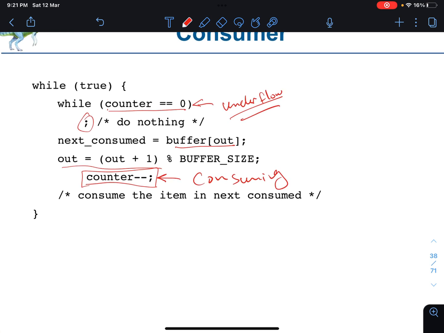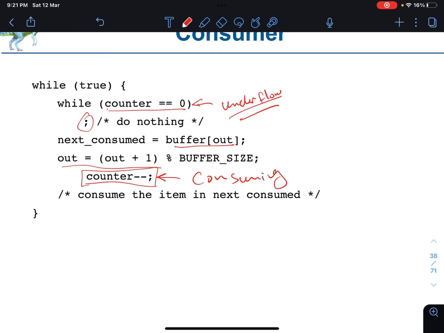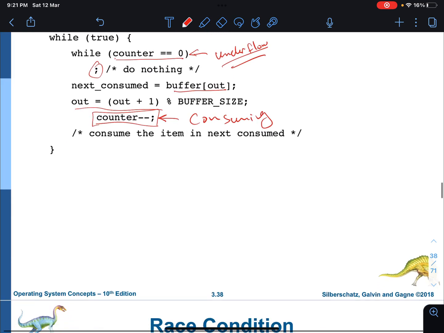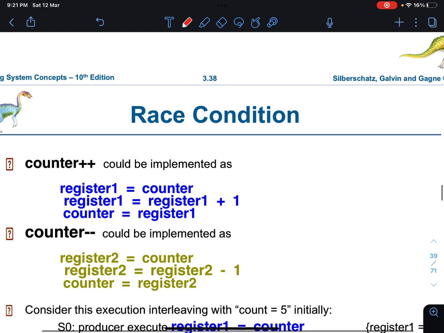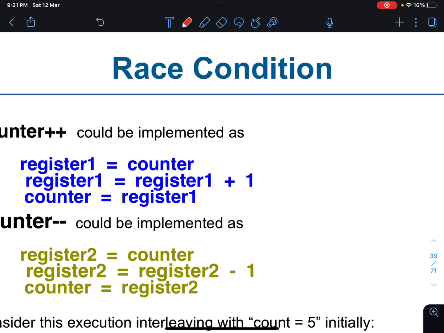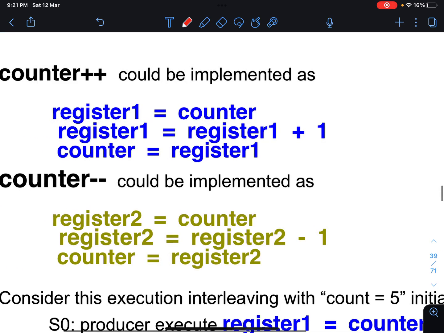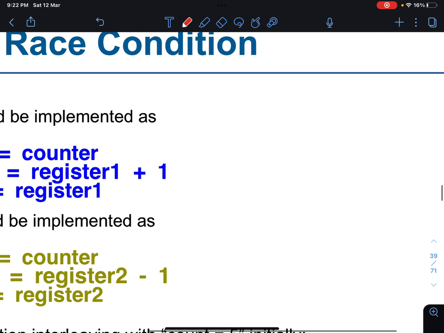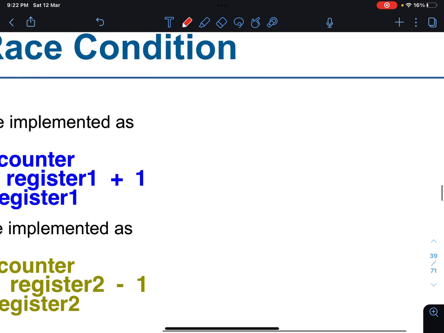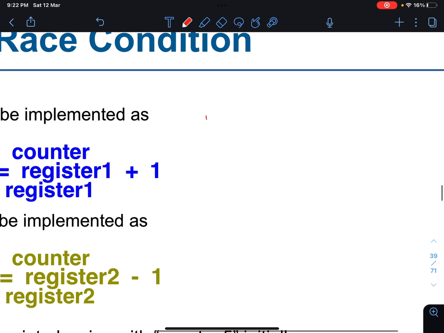Look at the problem here. And this is a reader-writer problem, by the way. Look at that. We have something called race condition. What is it? Before we see this, look at that. What is counter plus plus? If we go for a kind of assembly like, you're going to be loading, okay, R1, register 1, and counter.